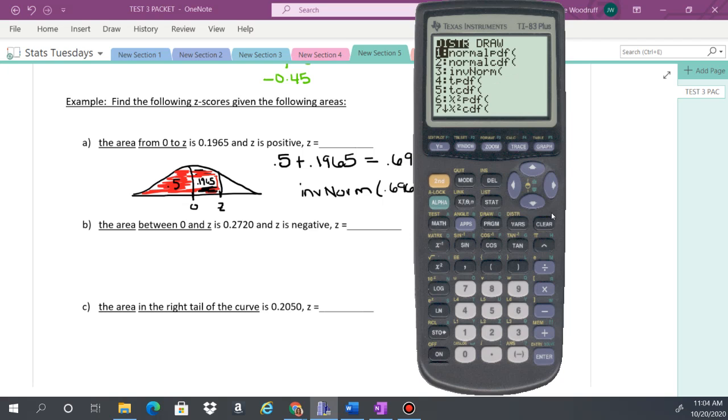So second distribution, inverse norm, 0.6965, 0, 1. So 0.514.